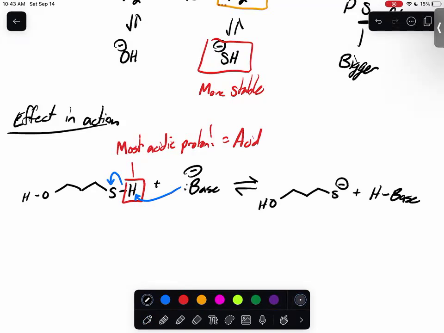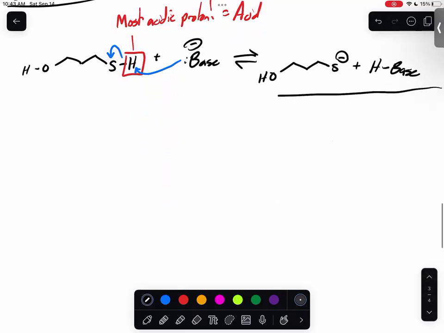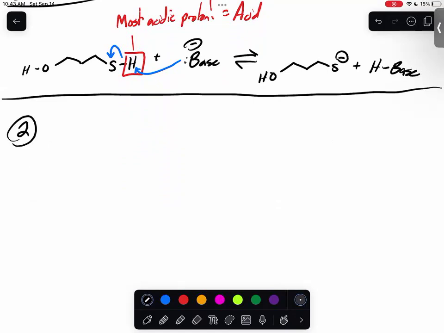So, needless to say, for size, bigger is better, right? The bigger something is, the better it can distribute that charge, the more stable it will make the conjugate base. Because as we talked about last time with our equilibrium conversation, the more stable something is, the happier it is to move to that equilibrium. All right, let's talk about the second effect now, and that is electronegativity.